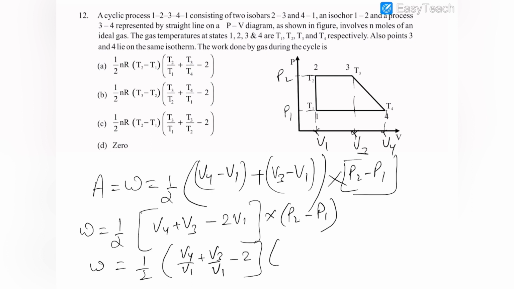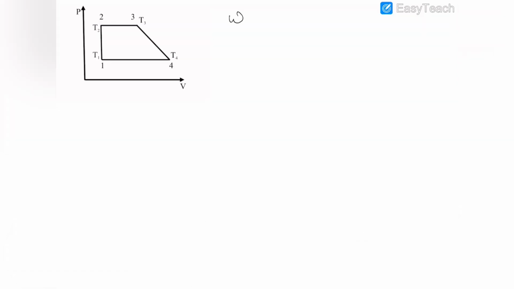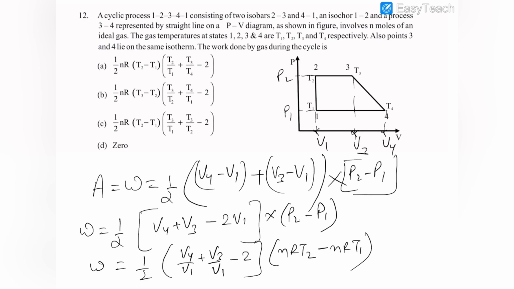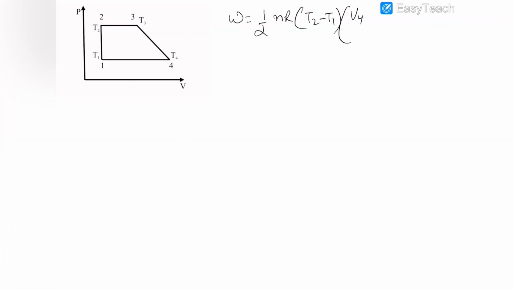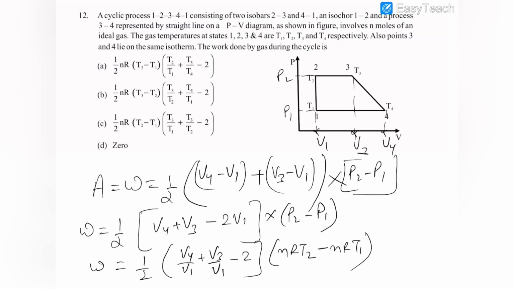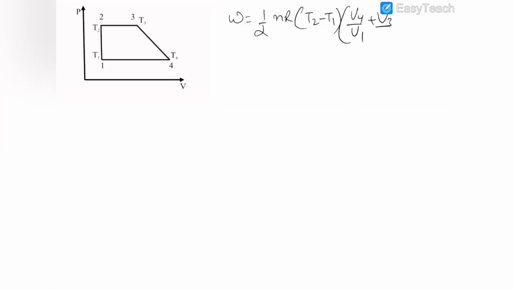So P2V1, you can see that P2V1 is nRT2, and P1V1 is nRT1. So the work done will be equal to 1 by 2 nR T2 minus T1, multiplied by V4 by V1 plus V3 by V1 minus 2. So this would be the work done.